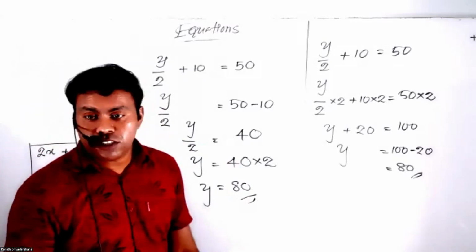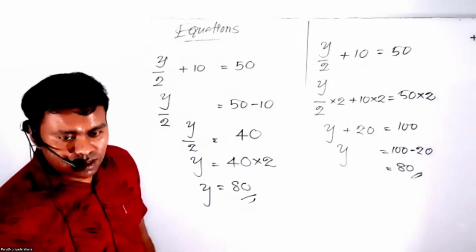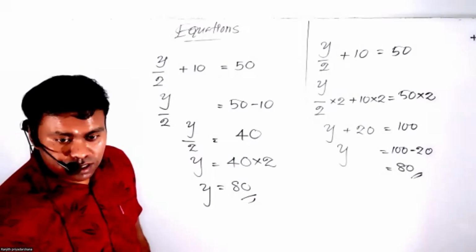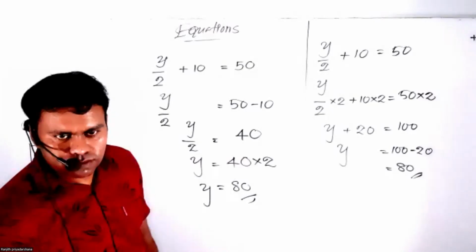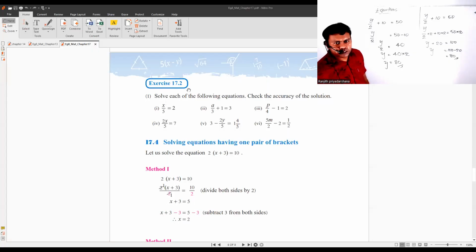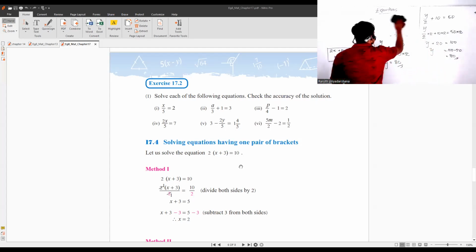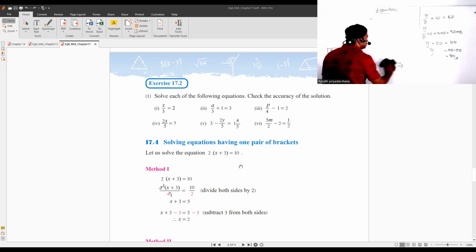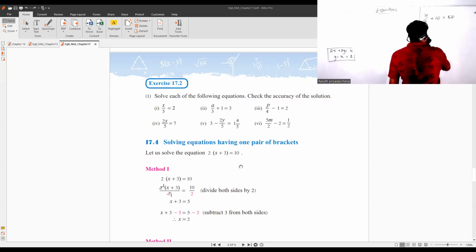Right, let's do one example in your textbook. Open your textbook. Yes, I found it. Exercise 13.2, the second one: a upon 3 plus 1 equals 3. Sir, should we send the answer?